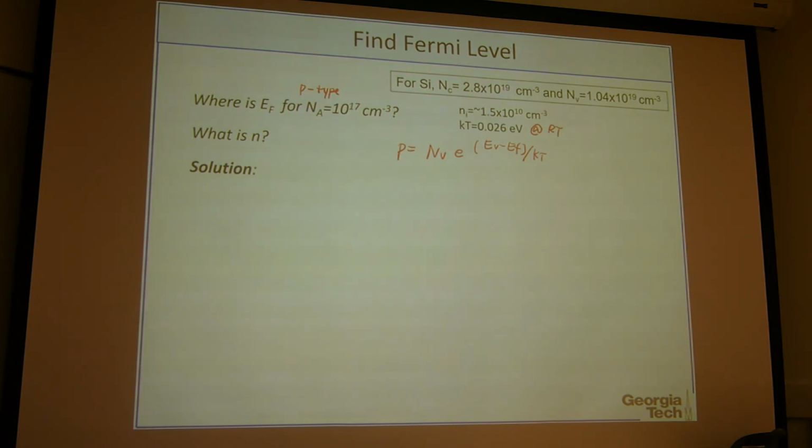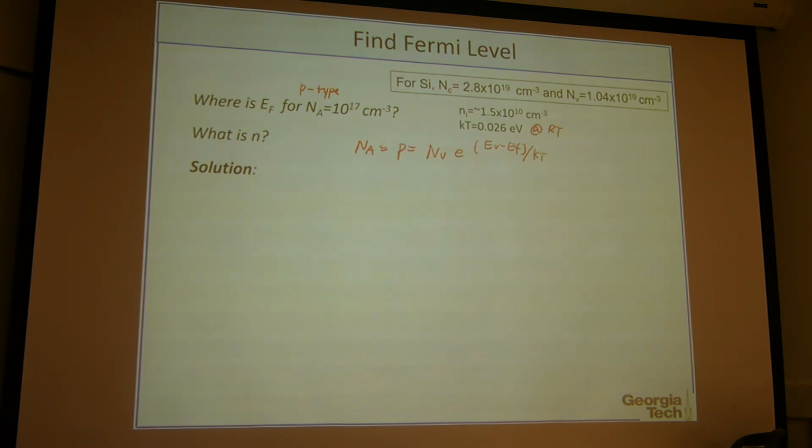So this is the equation for the hole density. And you know for p-type doping, the hole density is the same as Na, the p-type acceptor density.